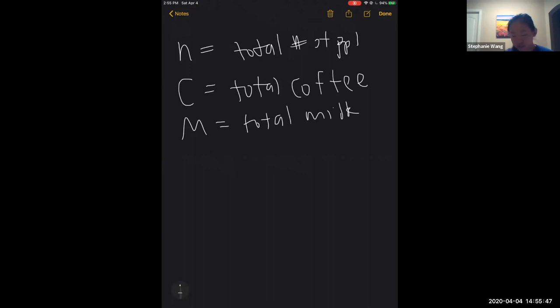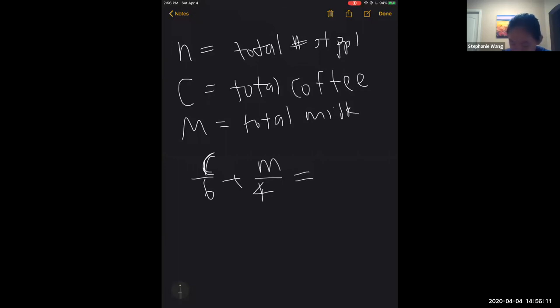And the question also tells us that Angela drinks a total of 8 ounces on that day. So we know that, and each person also drinks 8 ounces, but they told us that Angela's coffee was 1/6 of the total coffee, and then Angela's milk was 1/4 of the total milk.